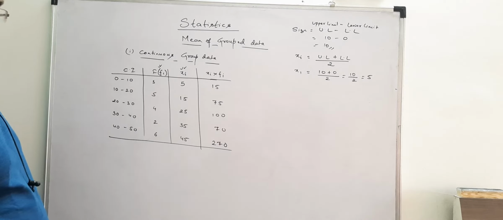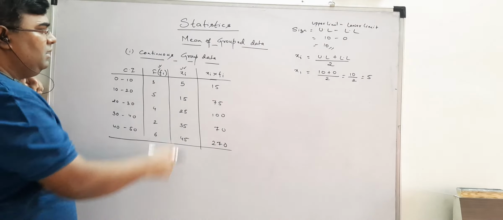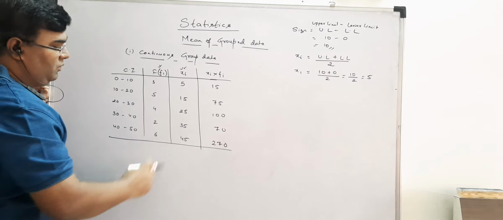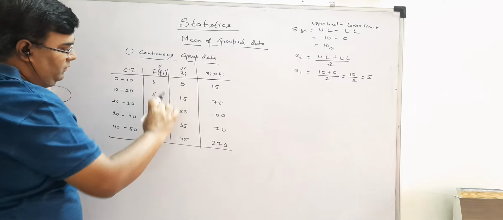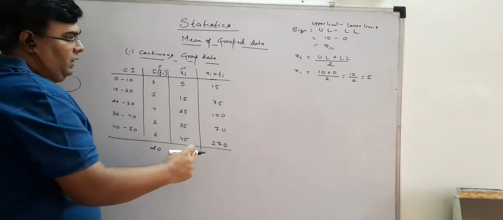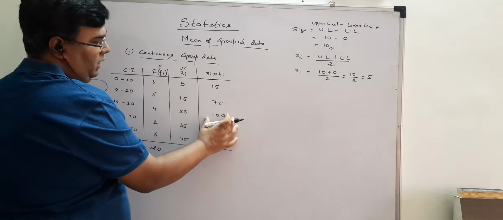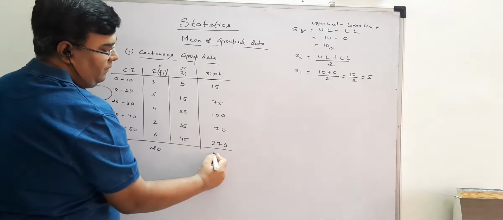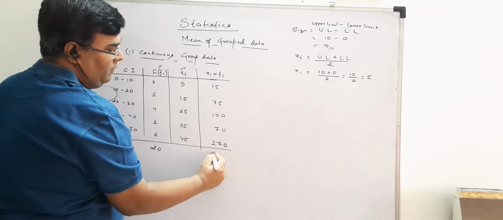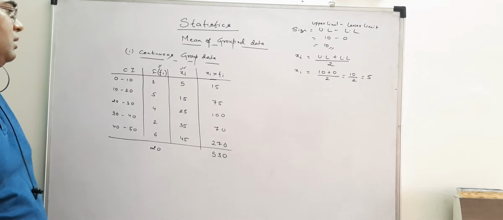Right, the next step was to find the sum of xi fi and also the sum of fi. Sum of fi is 20, and the sum of xi fi is 530. Okay, let's check the calculation once.